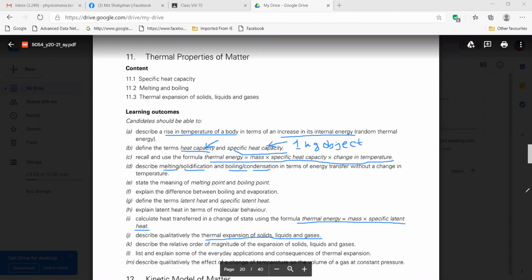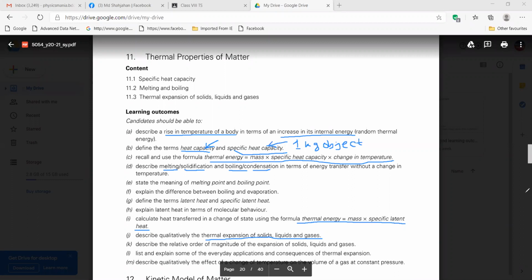Then the metal lid of a glass jar, right? Then sagging of electric cables. For liquids, we gave the example of the liquid-in-glass thermometer.